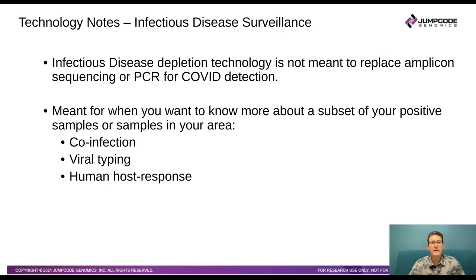So these are the areas that we believe shotgun metagenomics paired with the Jumpcode CRISPR-Clean technology really takes on its real value: wanting to do a deep dive into what these samples have in them and being able to look at multiple compartments of information. And so that's the data that I'm going to show here.